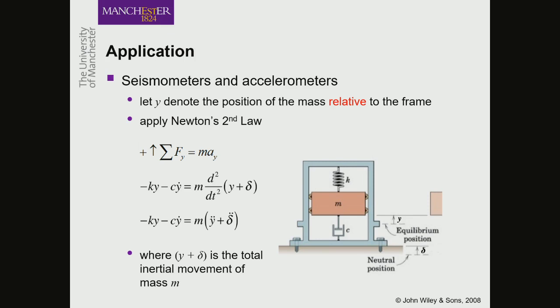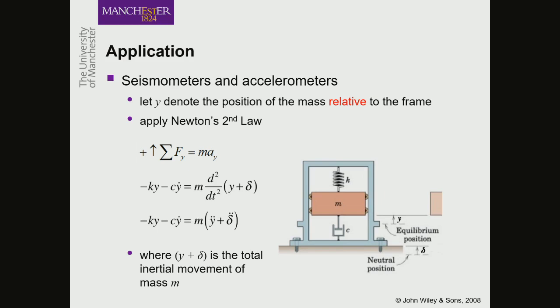Now I'm going to imagine this base is the ground. I hate to give this example, but imagine an earthquake. When the earthquake strikes, the whole system gets this delta, the displacement.